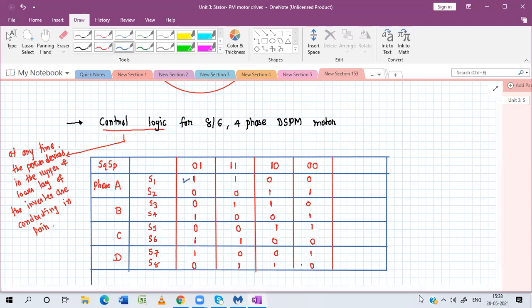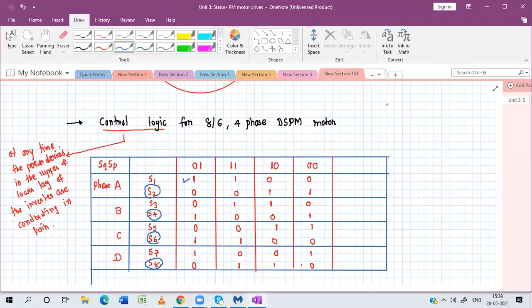In the lower leg, these circled ones, S2, S4, S6, and S8, are the lower legs. So which phase is going to conduct in the lower leg with phase A?